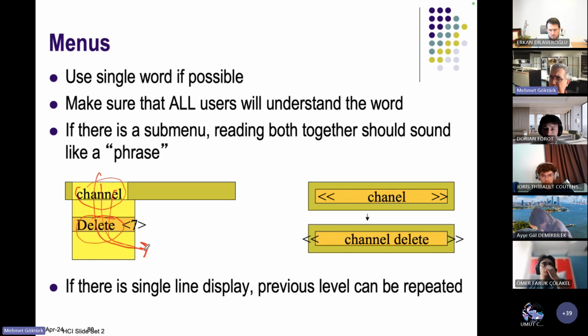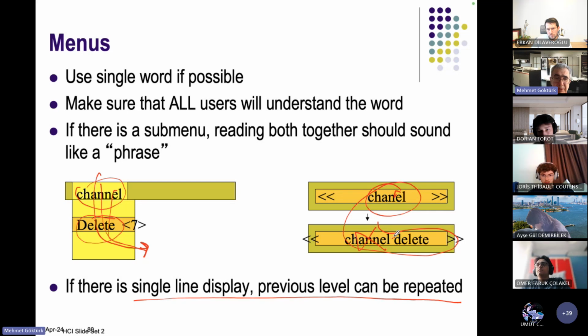For increasing the efficiency, we talked about this last time. Channel delete repetition doesn't sound nice. So this should be dropped. It is inefficient. If there is a single line display, the previous level can be repeated.